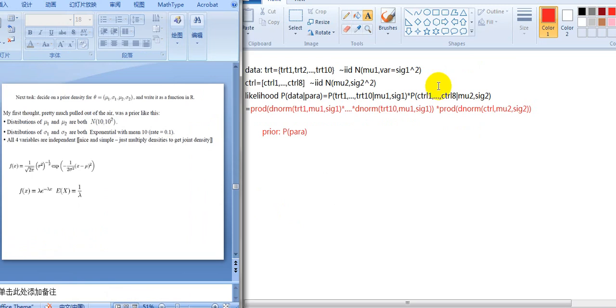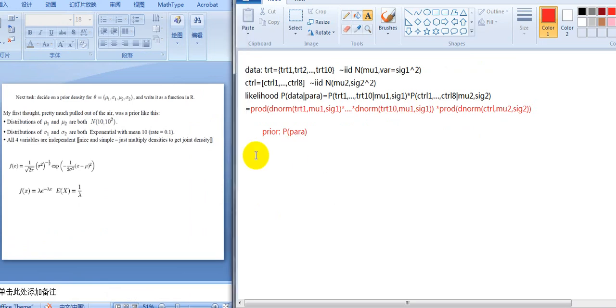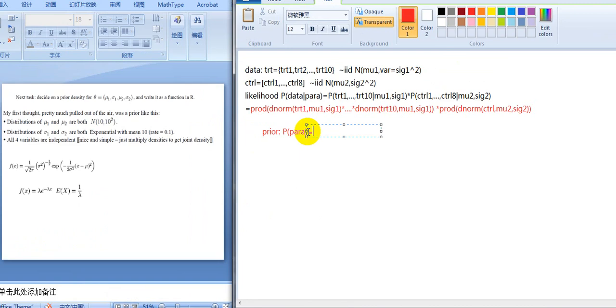So see, I can say this thing is just equal to the density for mu1, because they are independent, right, times the density for mu2, times the density for sigma 1, times the density for sigma 2.